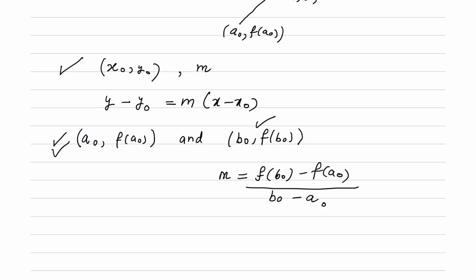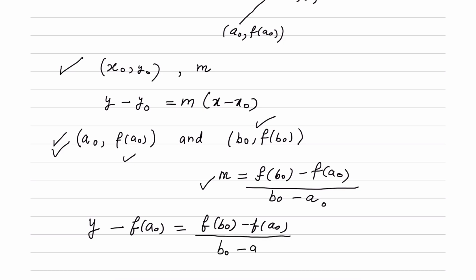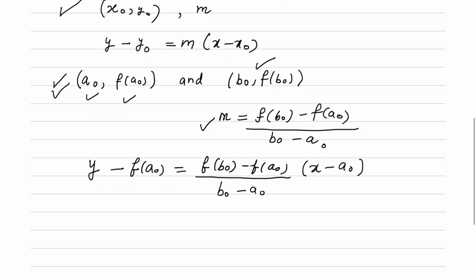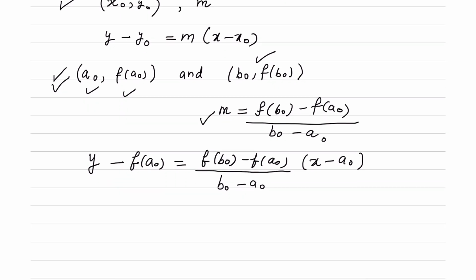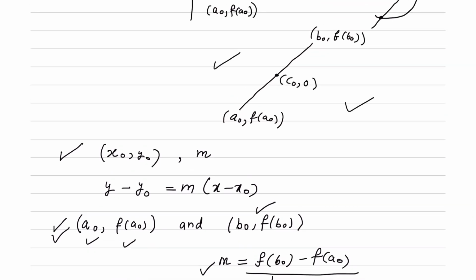Now we have a point and a slope to write this straight line, which is by using this formula, y minus y coordinate through which the line is passing is equal to this slope, f of B0 minus f of A0 over B0 minus A0, times x minus A0. So this is the equation of this straight line.